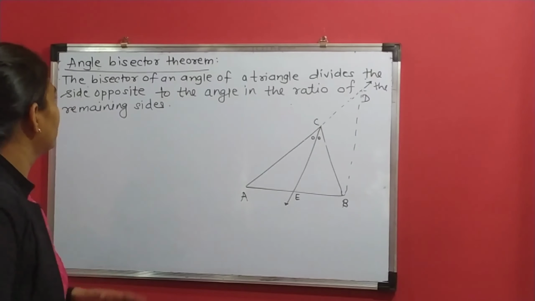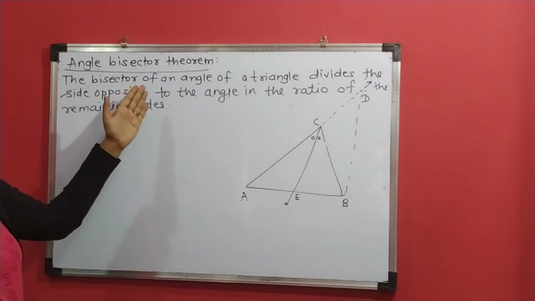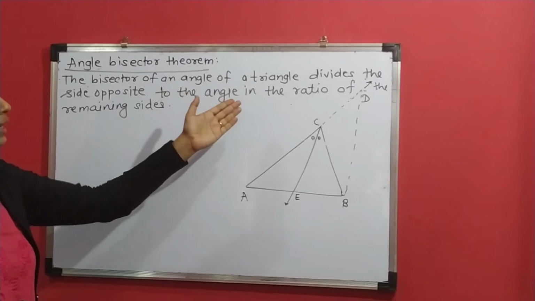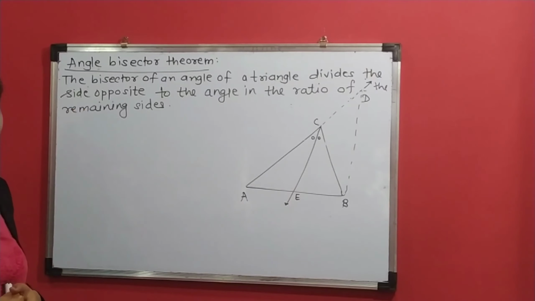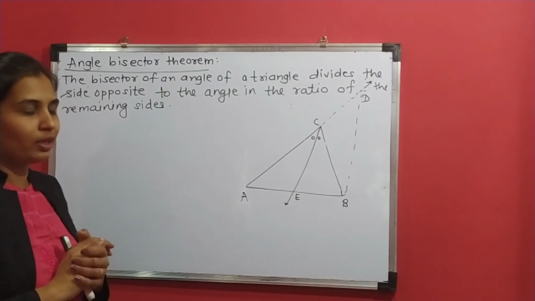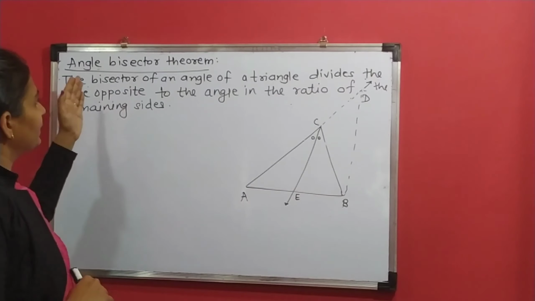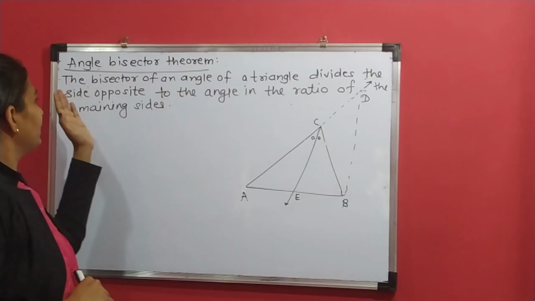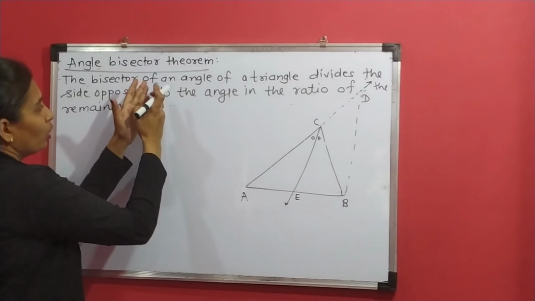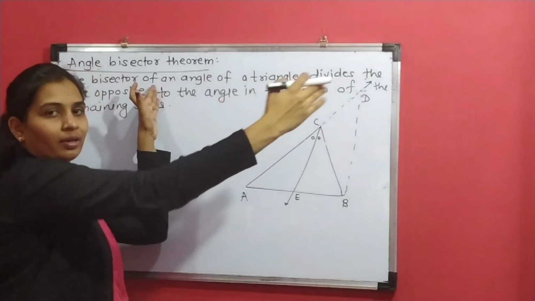The statement is: the bisector of an angle of a triangle divides the side opposite to the angle in the ratio of the remaining sides. Now students, we have to split it into two parts again. The bisector of an angle of a triangle divides the side opposite to the angle is the given part, and the ratio of remaining sides is what we separate out.